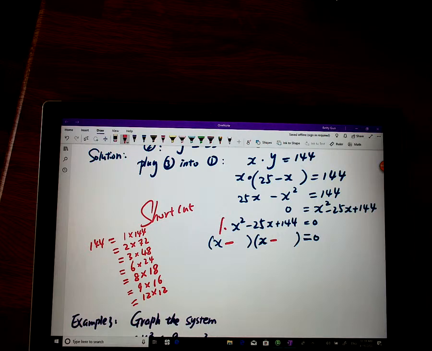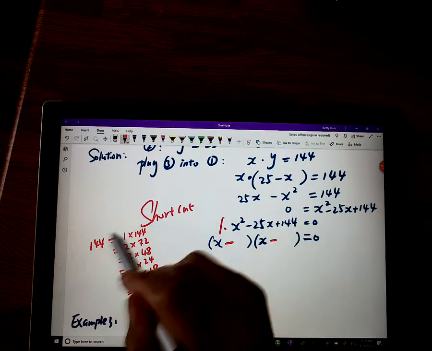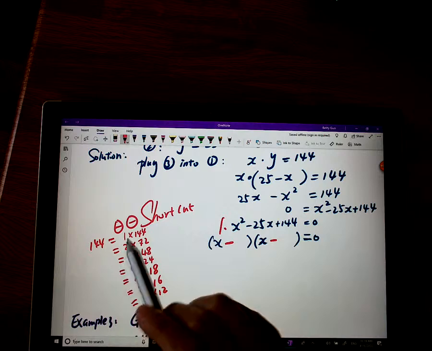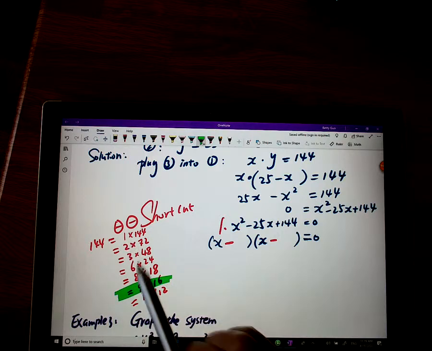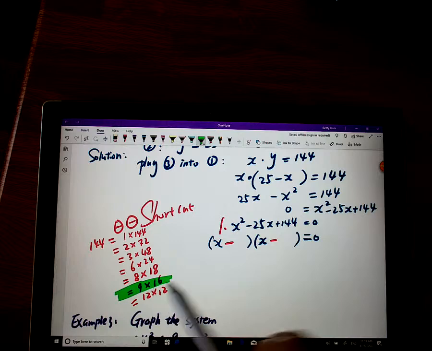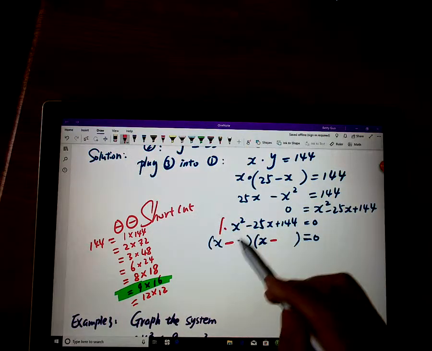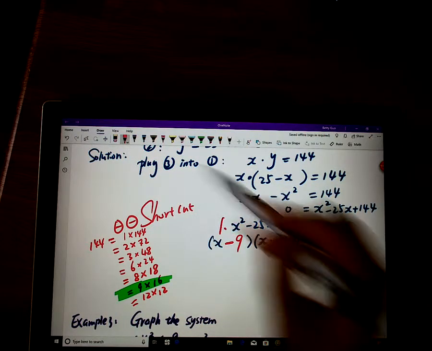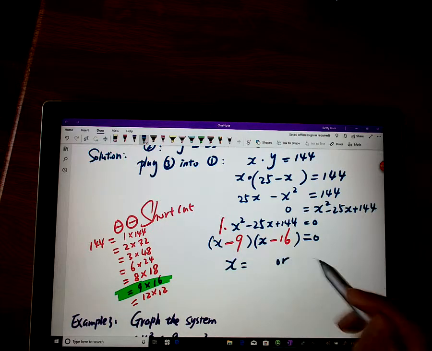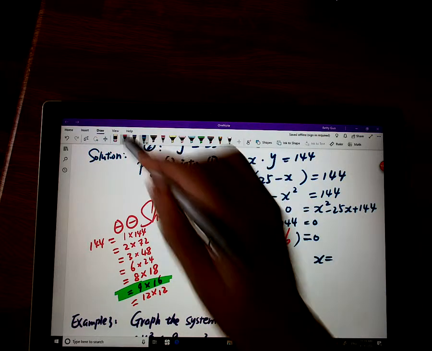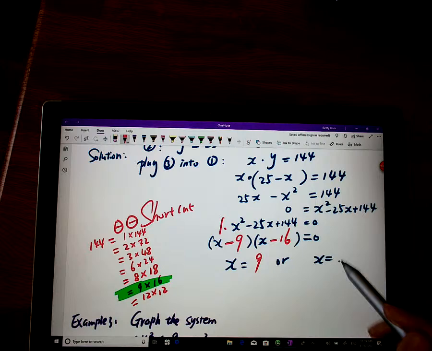We need both of them to be negative, right? Which two negative numbers add up to negative 25? Only this one. The other options don't work. So the two numbers are negative 9 and negative 16. By the zero product property, we have x equals positive 9 or x equals positive 16.